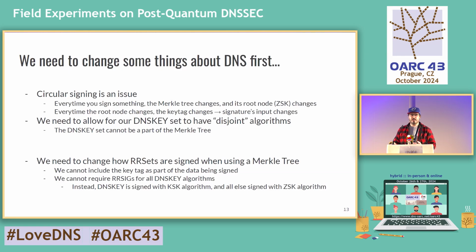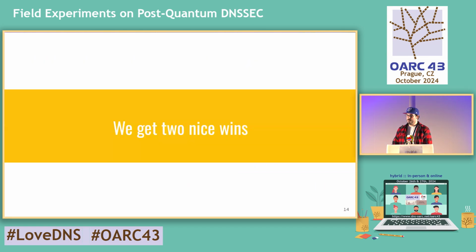And then finally, we cannot include the key tag in our inputs for sign and verify. So when we're using the Merkle tree, we just zero out the key tag field, since it would change every single time we update the Merkle tree.